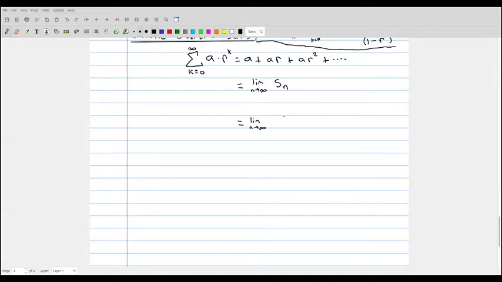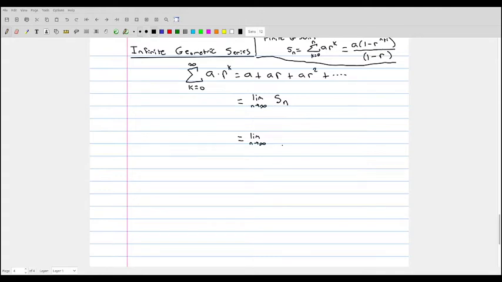It'll be the limit as n goes to infinity of a times 1 minus r to the n plus 1 over 1 minus r, which is the same thing as a over 1 minus r times the limit of 1 as n goes to infinity, which is just 1, minus the limit as n goes to infinity of r to the n plus 1.